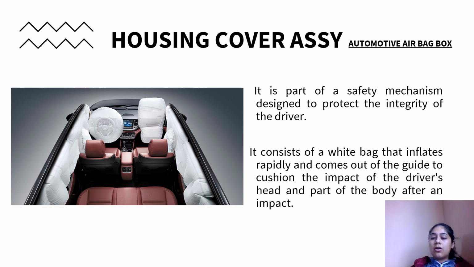It consists of a bag that inflates rapidly to cushion the impact of the driver's head and body after impact. The airbag box is commonly black. In this case, we use polypropylene in black.